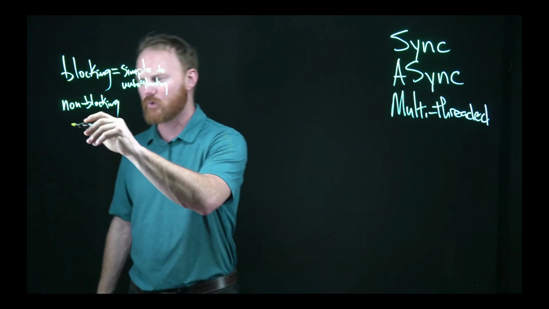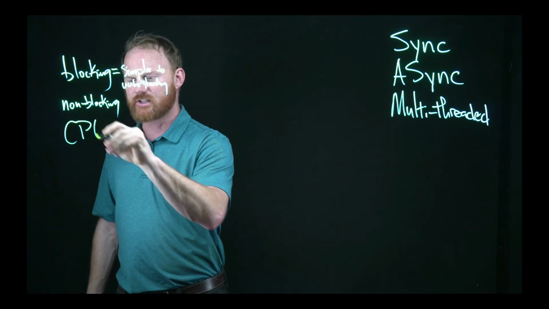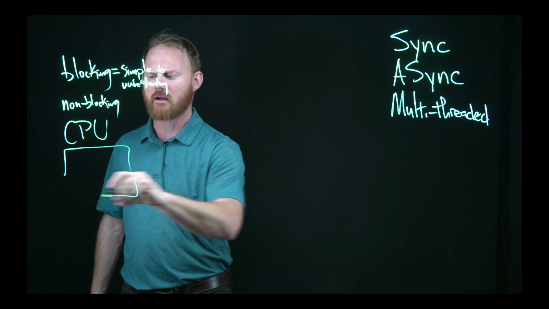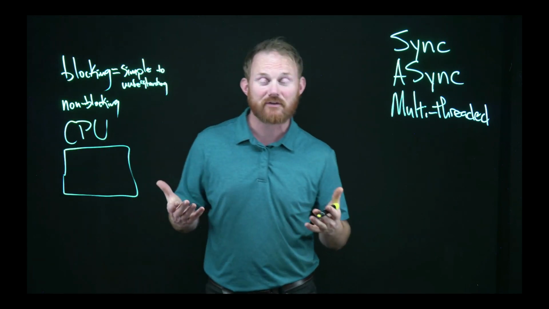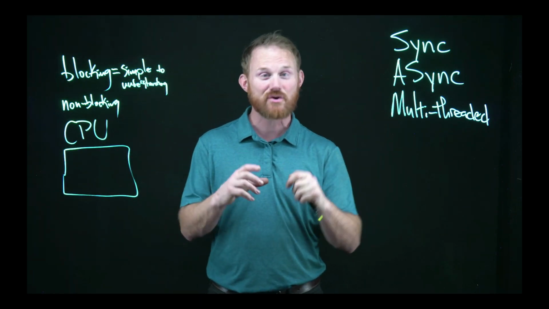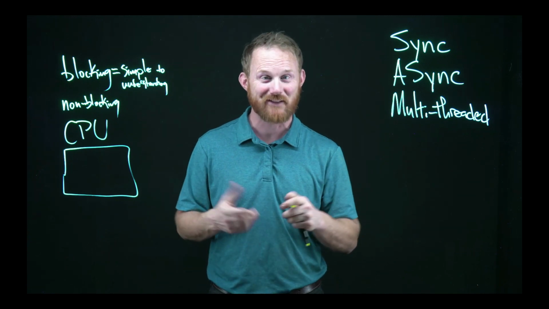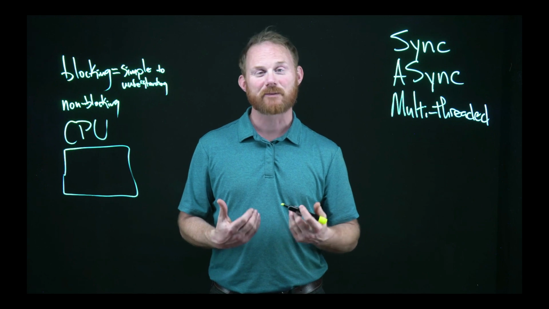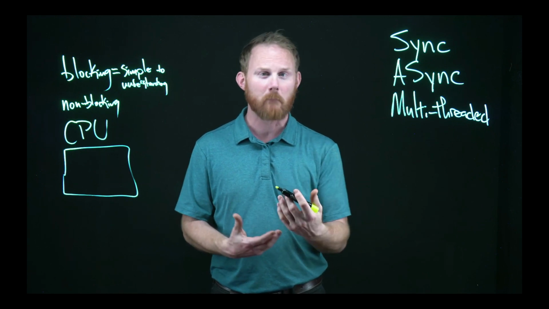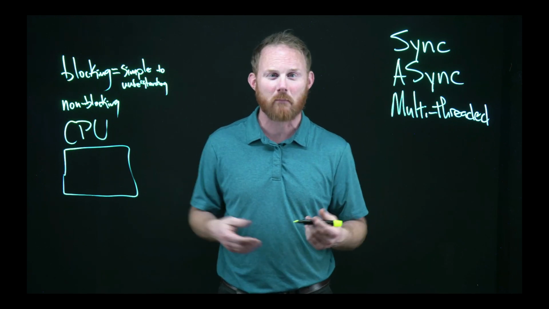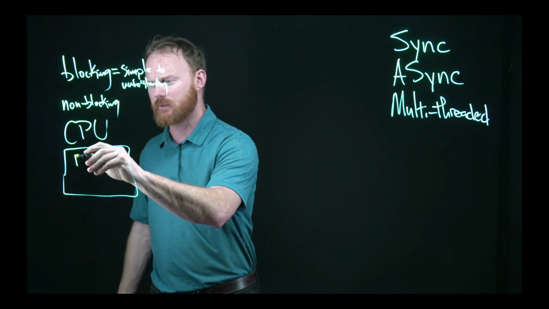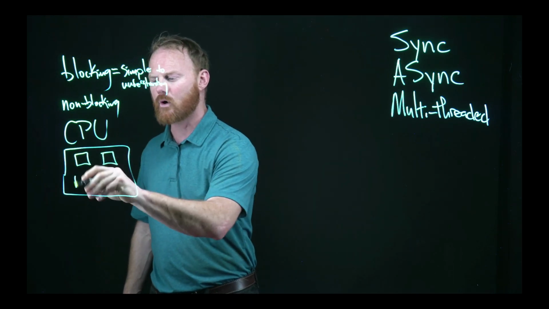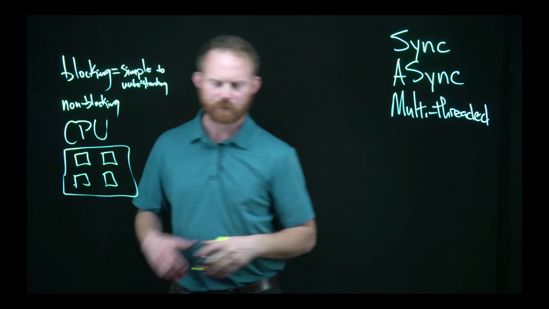Now let me draw this out real quick. Your CPU, the way that it works, if you've seen one before, you probably have, is usually a little square piece of metal that's just really expensive. Almost all modern CPUs have more than one core. They're multi-core, and that's usually how they're marketed. So let's say, just to make this easy, this is a 4-core processor.